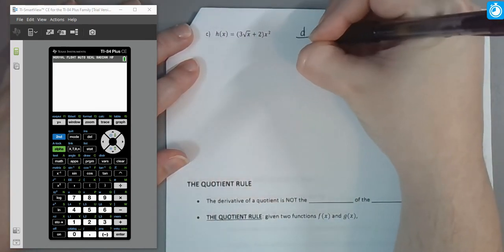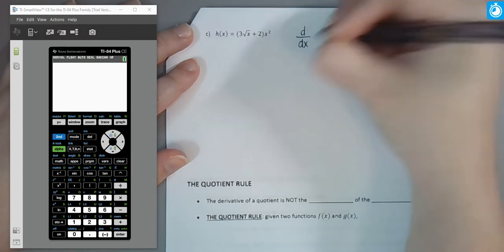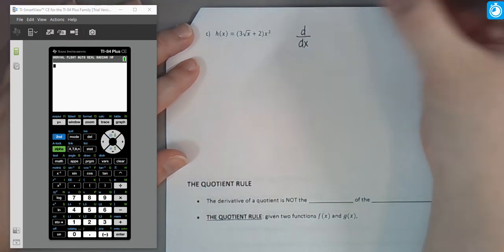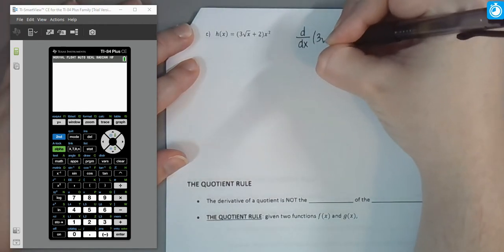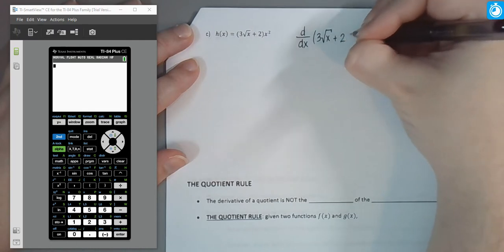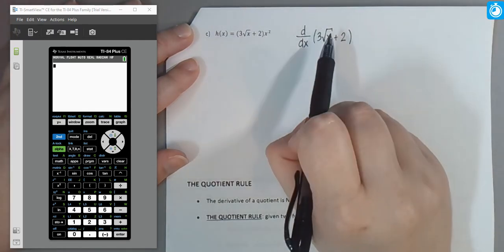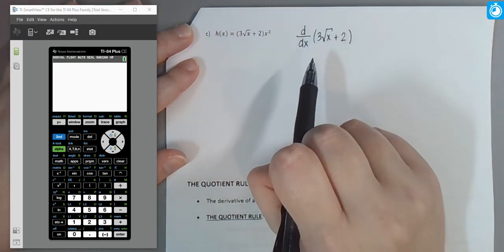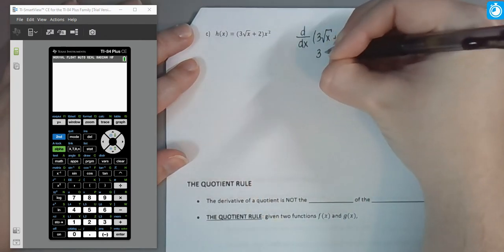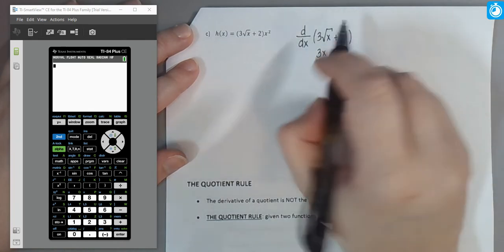So as before, we need the derivative of each of our individual expressions. So I need the derivative of 3 times the square root of x plus 2. Okay, now if you think back to what we did with square roots, remember we don't have a rule for radicals, but we do know that we can convert a square root to a fractional exponent.